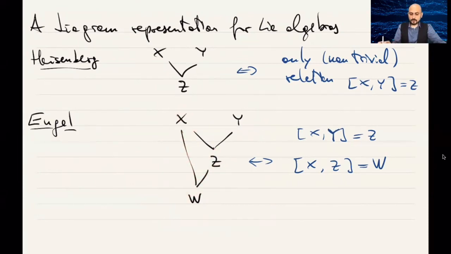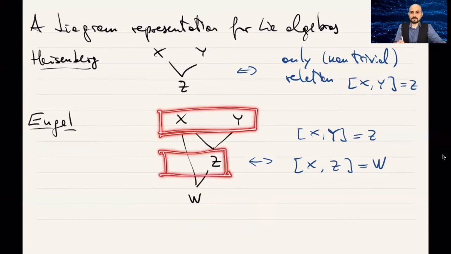From this way of writing the diagram, we also have a stratification, because if we say that these vectors have degree 1, so they are in the first layer, this one in the second layer, this in the third layer, then one has to check that the bracket satisfies the condition of being a grading generated by the first layer.